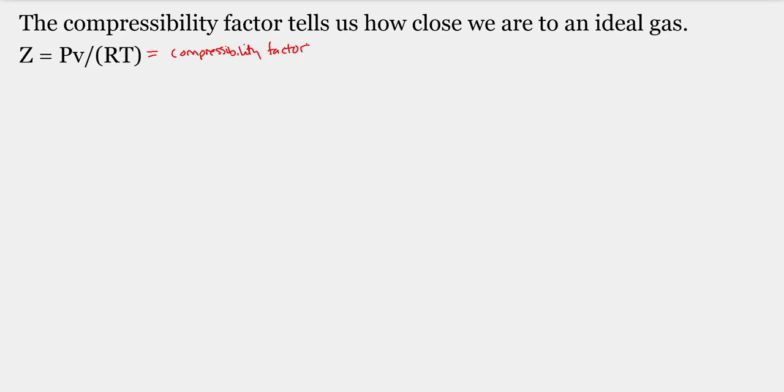Okay. So the compressibility factor, you can see, again, is essentially pick any of those forms of the ideal gas model and normalize it by itself. So what we know is that as Z, the compressibility factor, approaches 1, then that means the ideal gas model is valid.